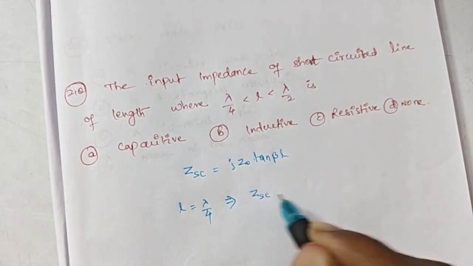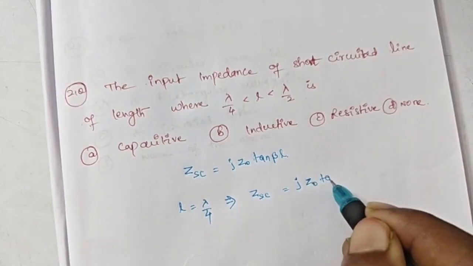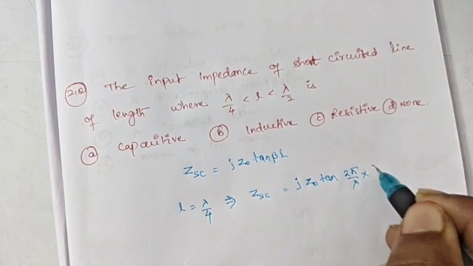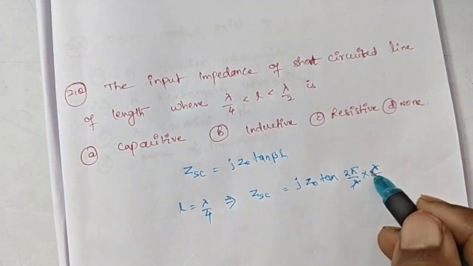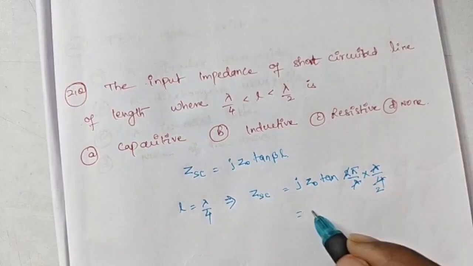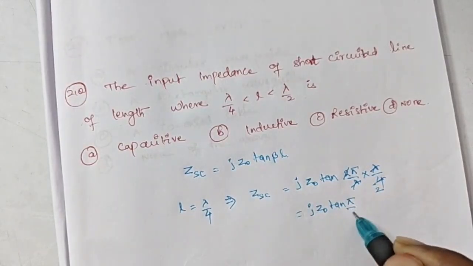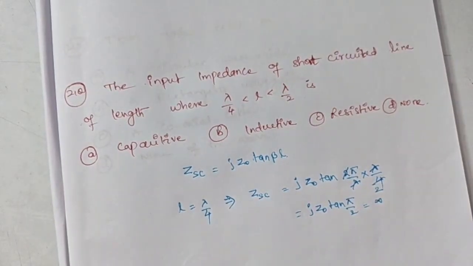ZSC is equal to j Z0 tan beta L, where beta is the phase constant 2 pi by lambda, into lambda by 4. So lambda will cancel out, which is pi by 2. So j Z0 tan pi by 2, which becomes infinity because tan pi by 2 is infinity.